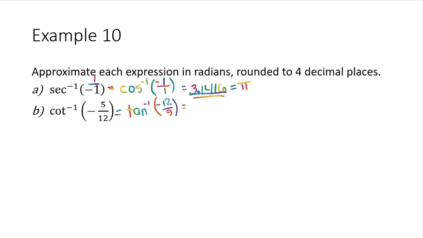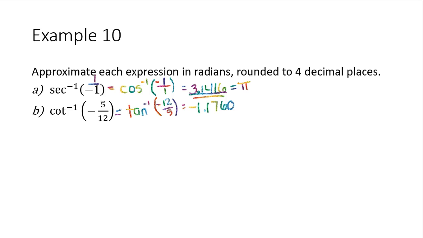And now it's ready to put in the calculator. We're in radians. We do second tangent, -12 over 5. And that returns a value of -1.1760.